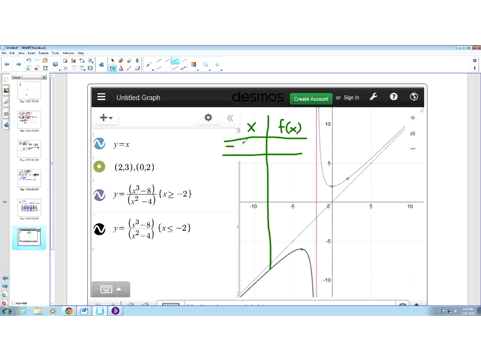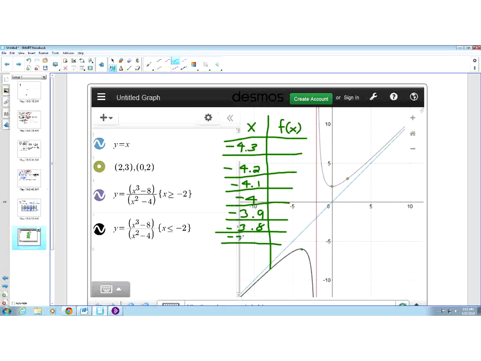So say -4.3, -4.2, -4.1, -4, -3.9, -3.8, and so on.